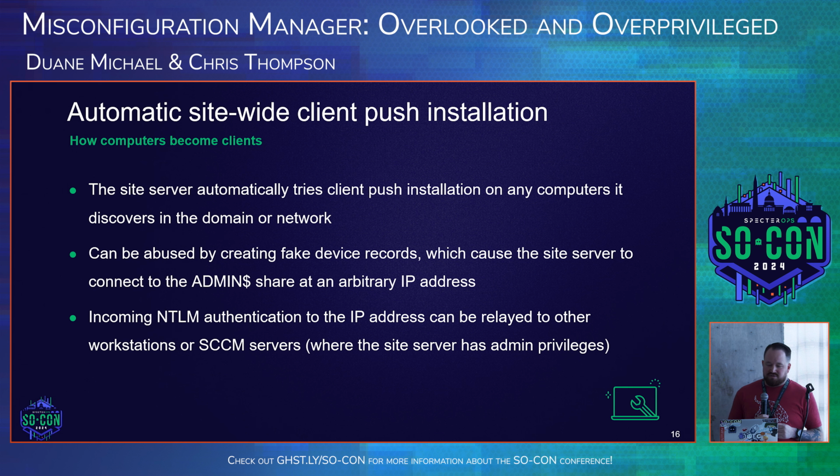So lots of different options. When the site server finds that new computer that it wants to make a client, the site server will attempt to automatically authenticate either with its computer account or with that client push installation account, and attempt to go through that process of installing the SCCM client software.